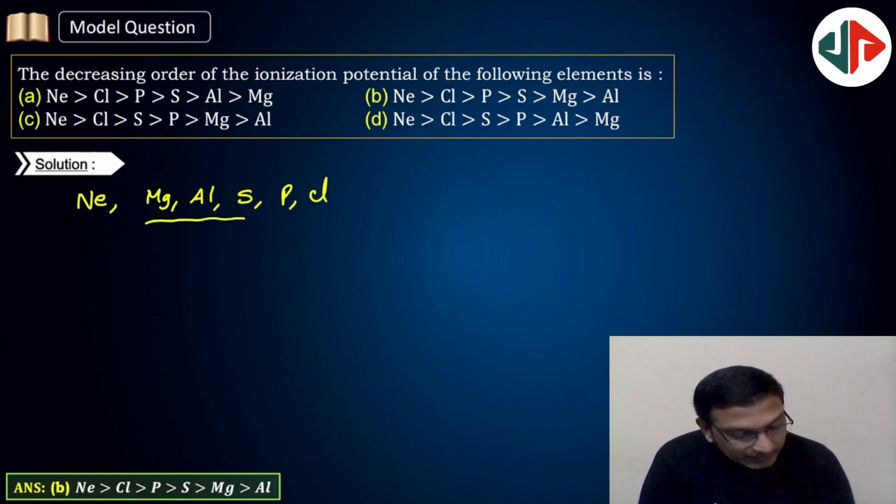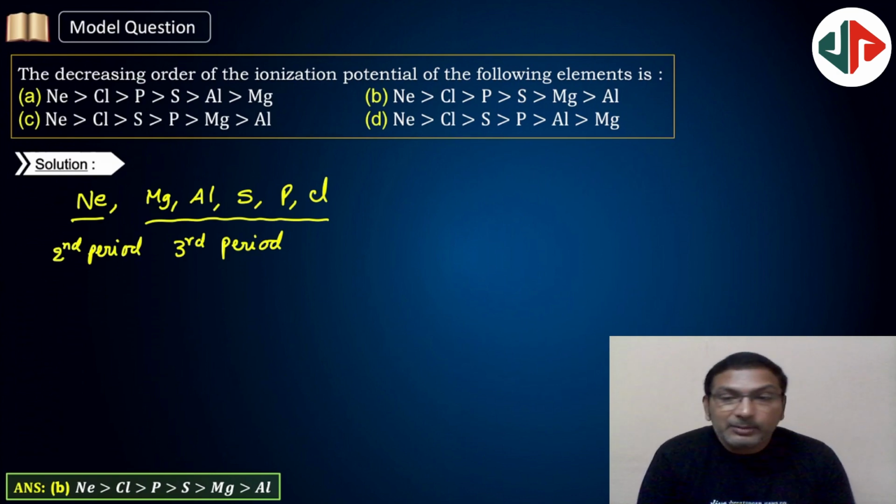Next, magnesium to chlorine are third period elements. This is second period. So when compared to third period elements, second period elements will have more ionization energy. Therefore, neon will be written first.